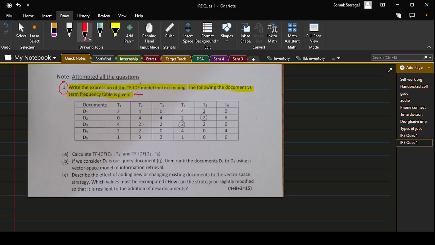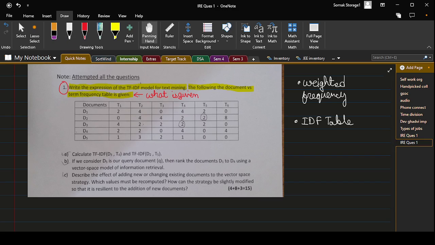It is very important to look into what is given. Sometimes it might be a weighted frequency table, right? Sometimes it might be an IDF table, right? So we need to consider what table is given. So as of now we can see it is a term frequency table. So we will calculate the TF IDF for T3 T4.